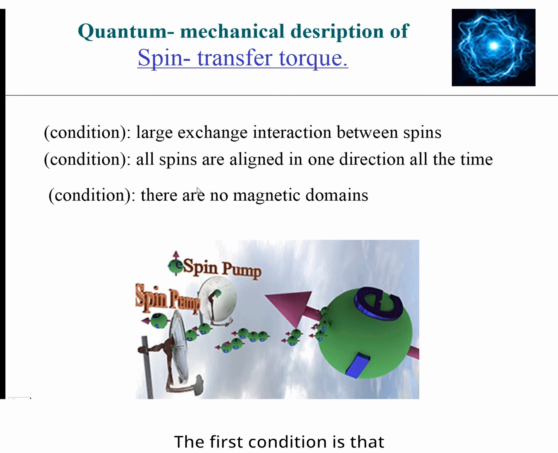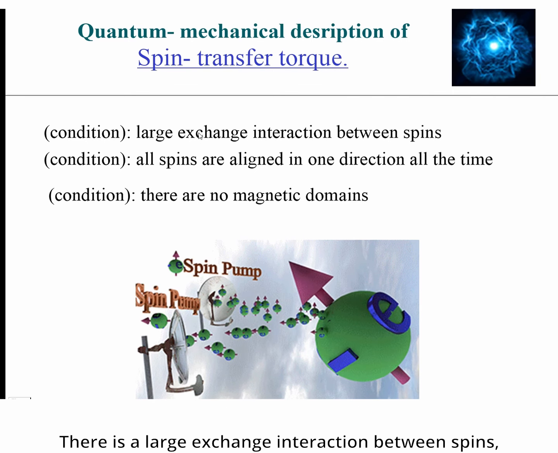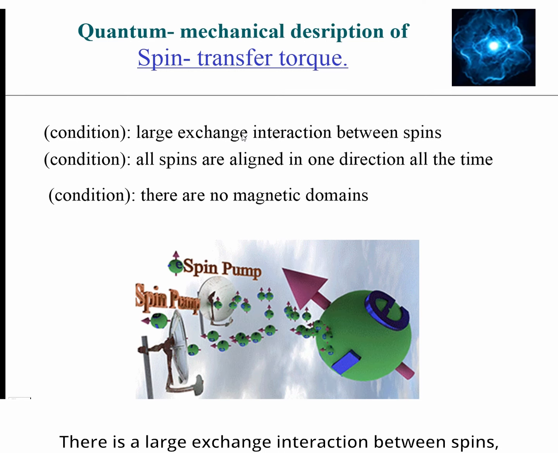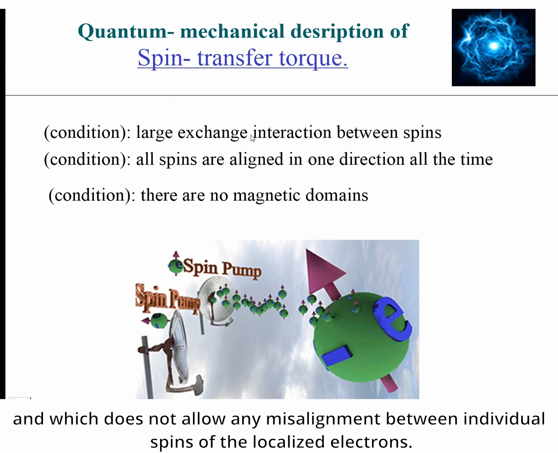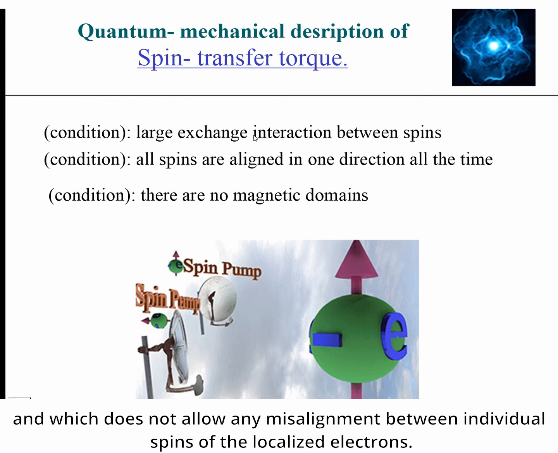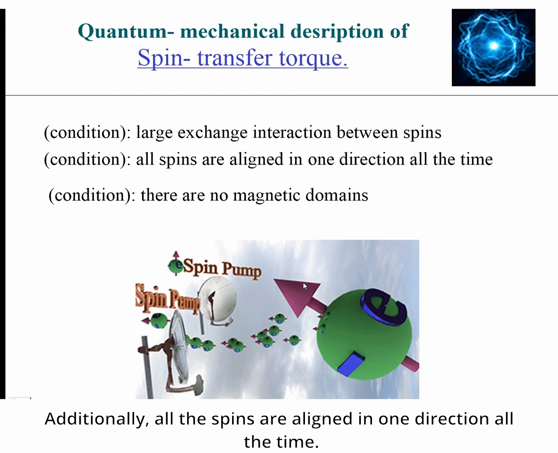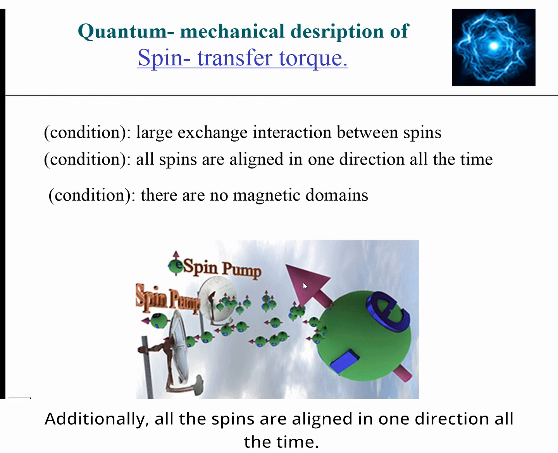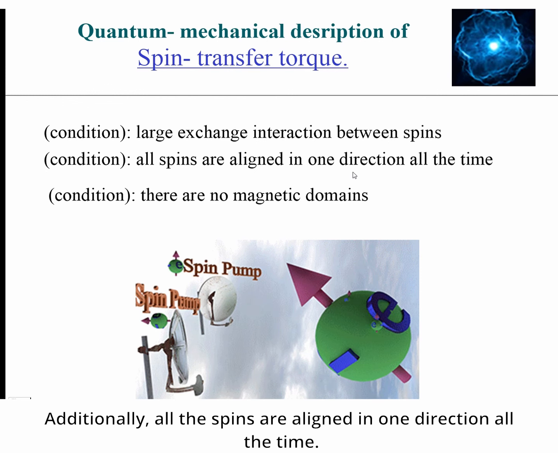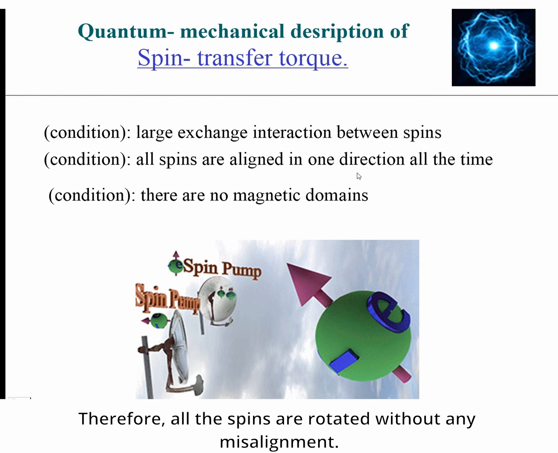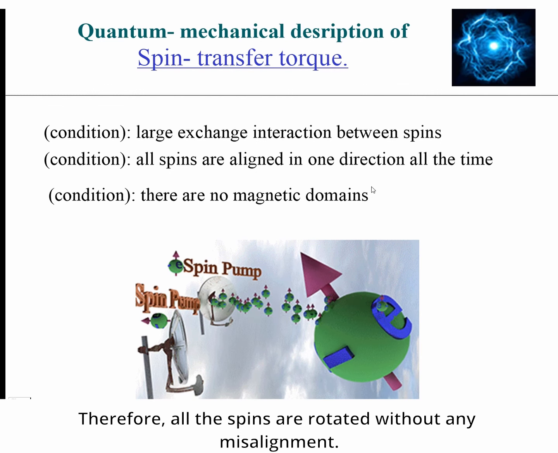The first condition is that there is a large exchange interaction between spins which keeps the spins aligned in one direction and which does not allow any misalignment between individual spins of localized electrons. Additionally, all the spins are aligned in one direction all the time, therefore all the spins are rotated without any misalignment.